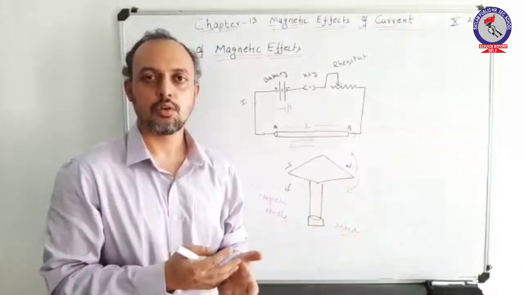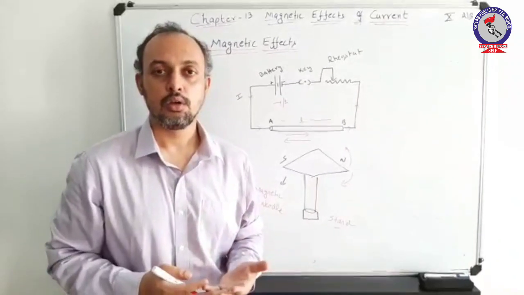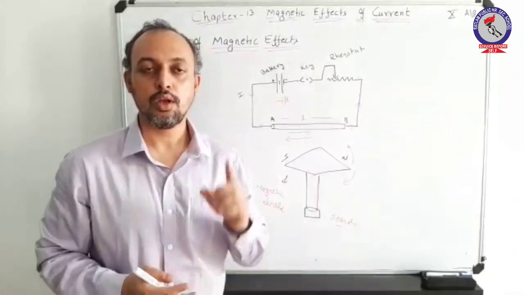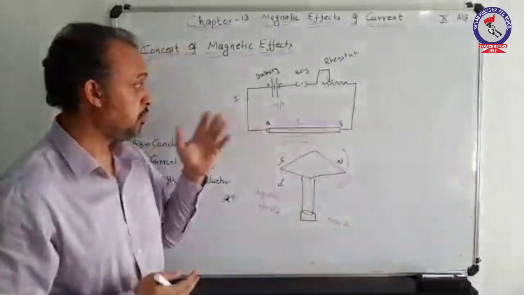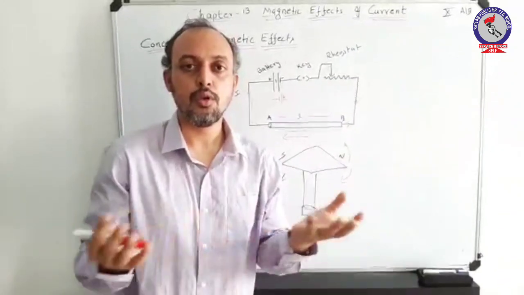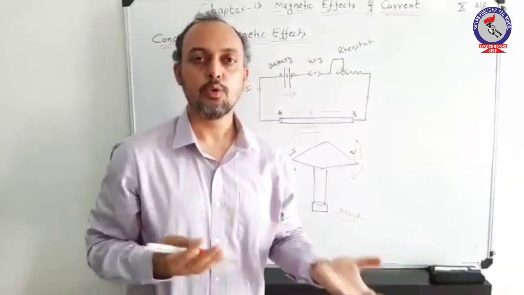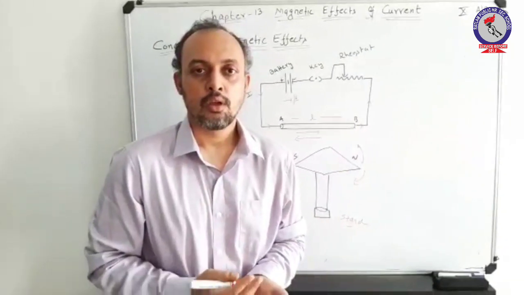This gives us the concept that a moving current or a moving charge is actually a source of electric field as well as magnetic field. One thing should be noted here, that a static charge produces only an electric field, while a moving charge produces electric as well as magnetic field. How?